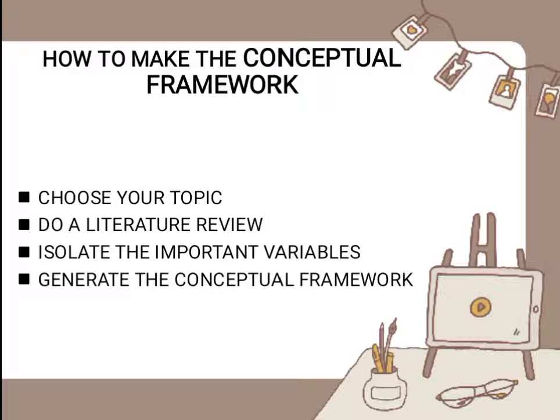Next is isolate the important variables. So you need to identify the specific variables described in the literature and figure out how these are related. Next, generate the conceptual framework. So in this part, you need to build your conceptual framework using your mix of the variables from the scientific articles you have read.